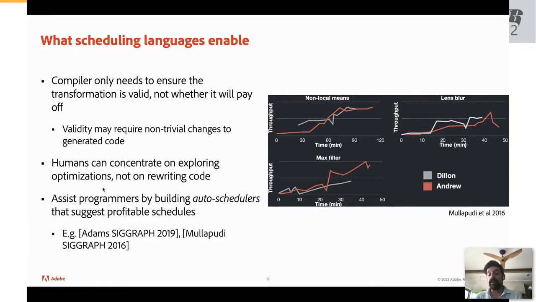And I would argue for these kinds of algorithms, if one were to write this by hand, the x-axis here would have to be days, or at the very least hours, rather than minutes. But very quickly, an expert programmer like Andrew Adams here or Dillon Sharlet, they can quickly explore a large space and increase performance by orders of magnitude.